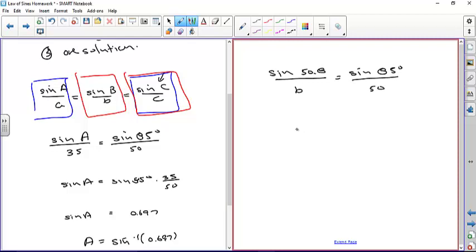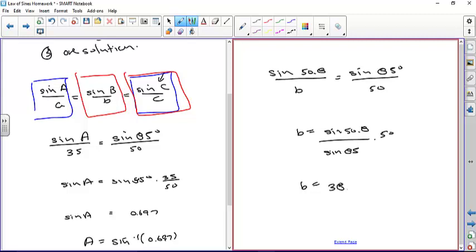So if we solve for B, we'll get the sine of 50.8 divided by the sine of 85, times 50. So the sine of 50.8 divided by the sine of 85 times 50 is going to be 38.9.